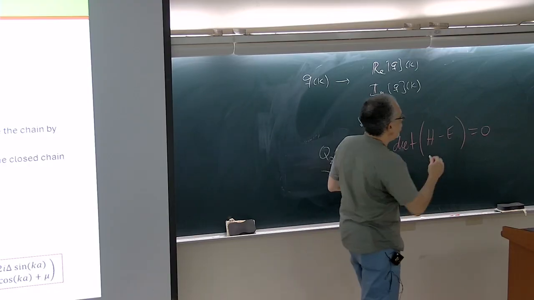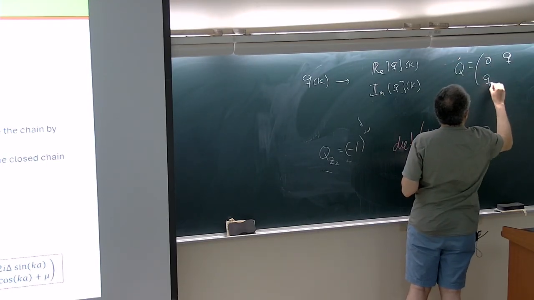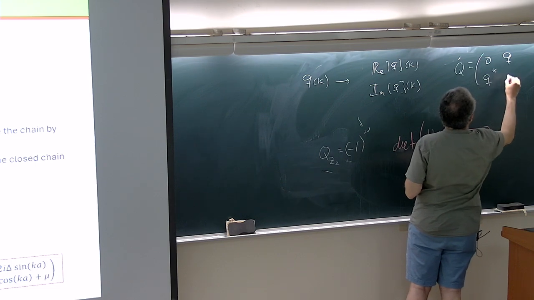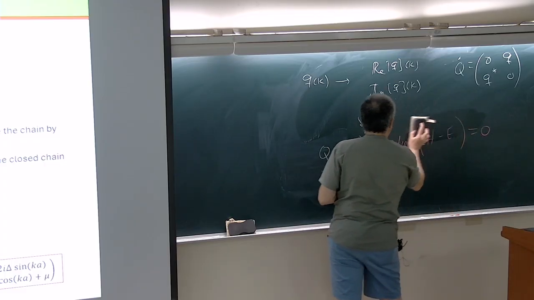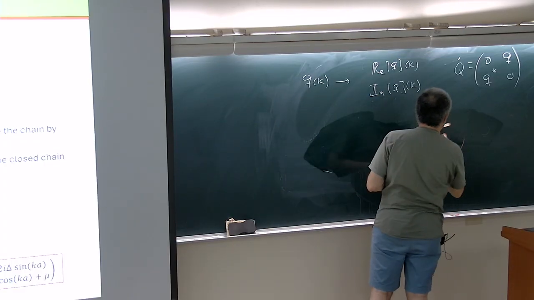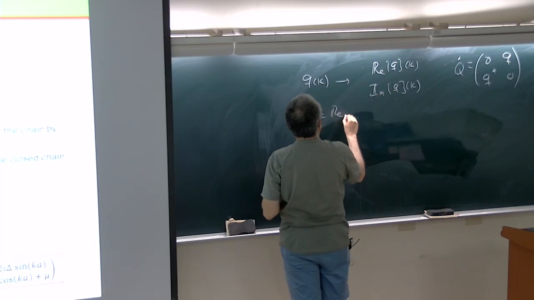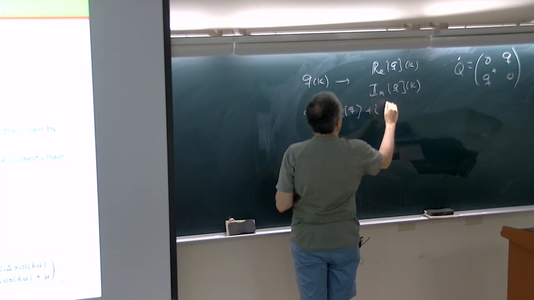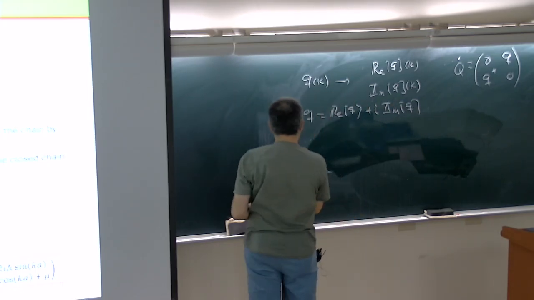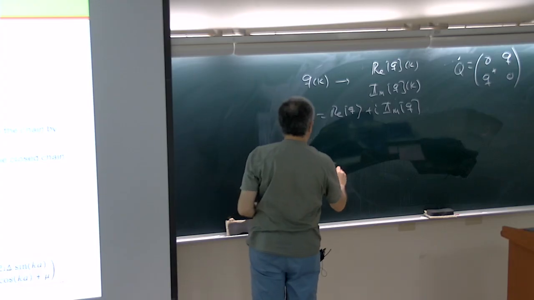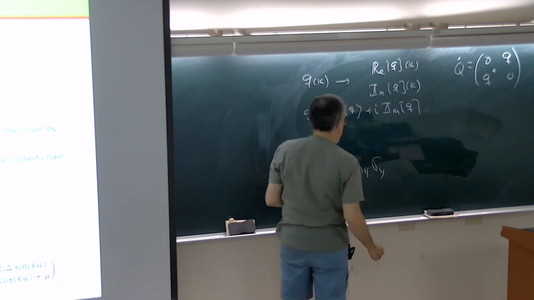And we have this matrix: 0, q, q conjugate, and 0. Okay. So you can also write this matrix in this form, right? You can put this q as the real part of q plus i times the imaginary part of q, and then write this as hx sigma x plus hy sigma y, okay?